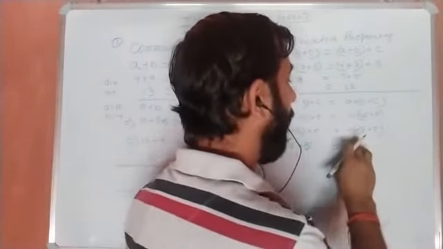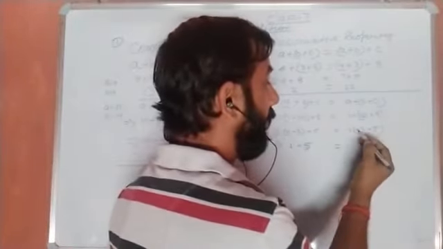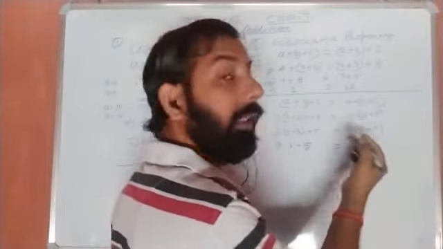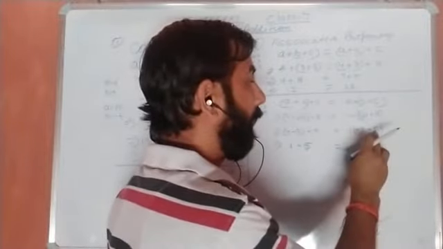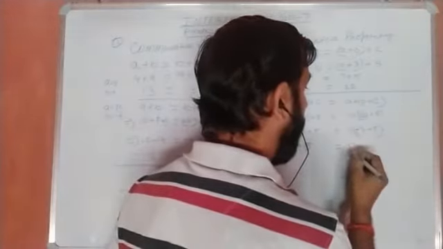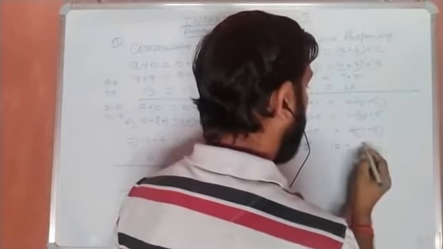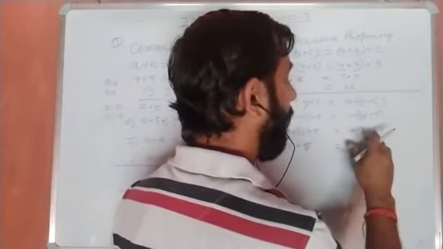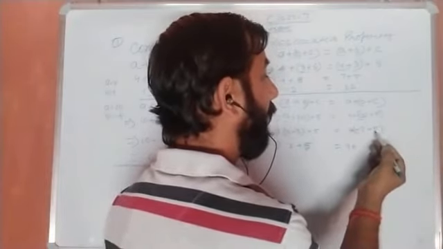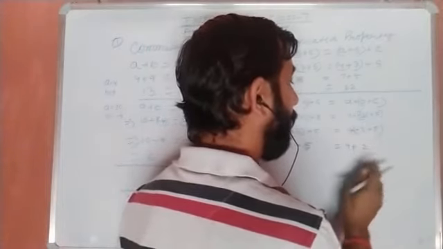Now first we will solve the bracket. So plus, here is minus, here is plus. So what will we do? Minus plus minus. We will subtract the smaller digit from the bigger digit. So 4 plus, minus plus minus, we will subtract. What will the result be? 5 minus 3, 2.